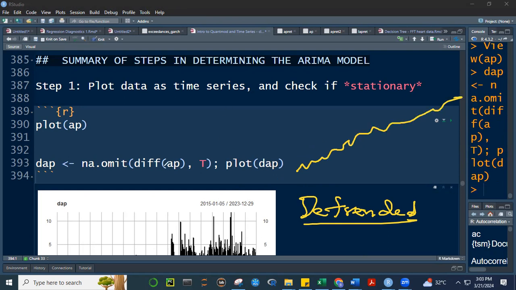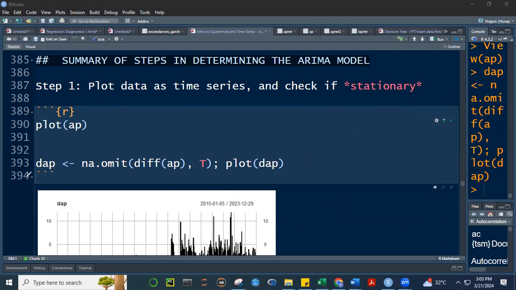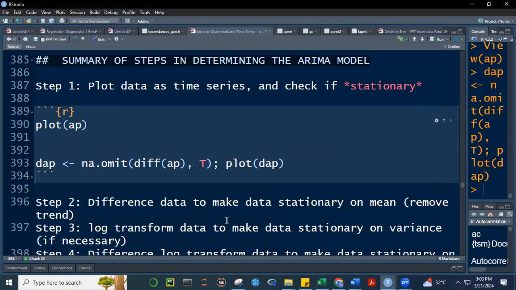So is this now stationary? Graphically it seems so, but we will have to check via a statistical test.